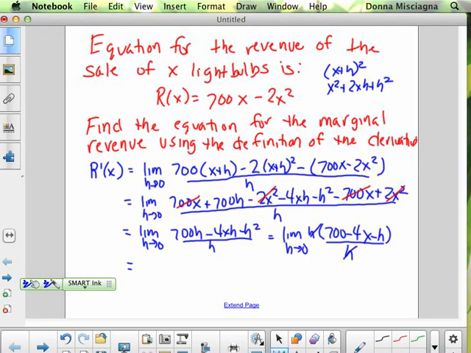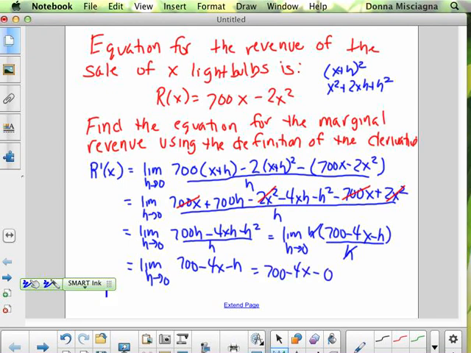So it's the limit as H approaches 0 of 700 minus 4X minus H. And now we can just plug in 0 for the H. So that would be 700 minus 4X minus 0.